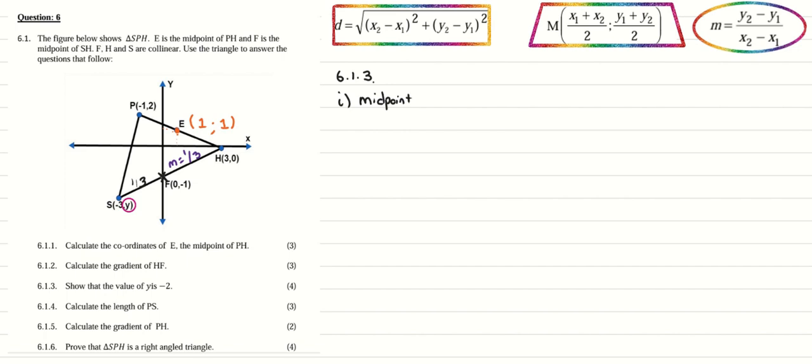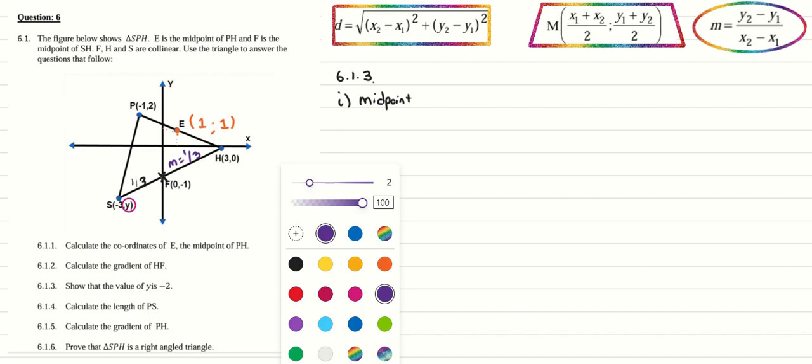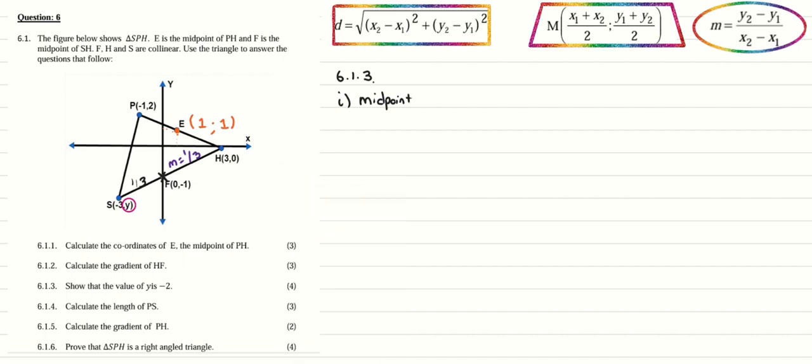Righto. So the midpoint of SH has a y value of minus 1, so this minus 1 came from saying y plus 0 over 2. The y coordinate of your midpoint came from saying y of S plus y of H over 2. Now we have the y coordinate of the midpoint, it's at minus 1.